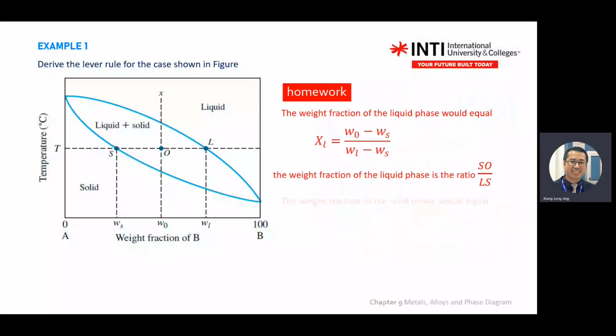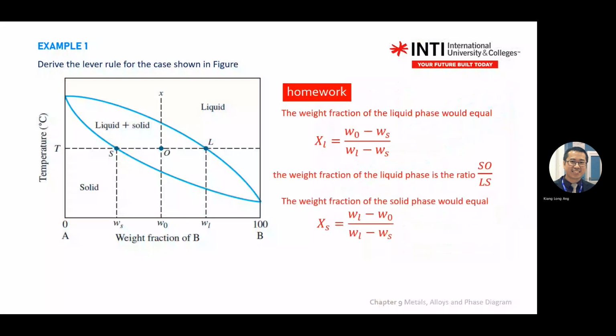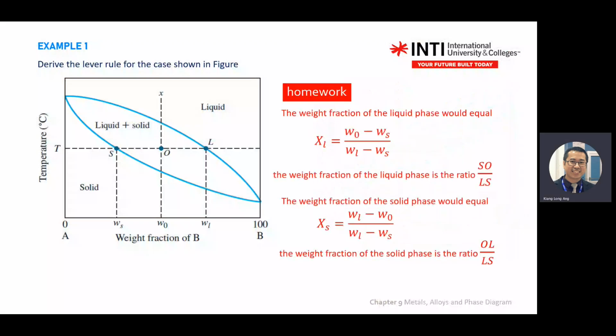So this is your homework. You go and derive it. It's a flip from what I wrote on the whiteboard. Not flip. Is it the same? You derive. Yeah, correct. Liquid is near to the solid.